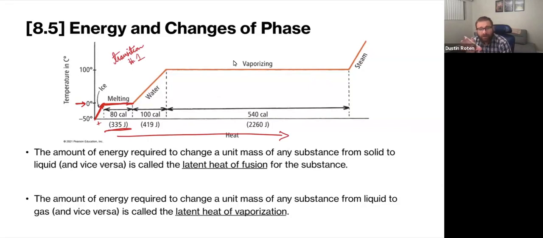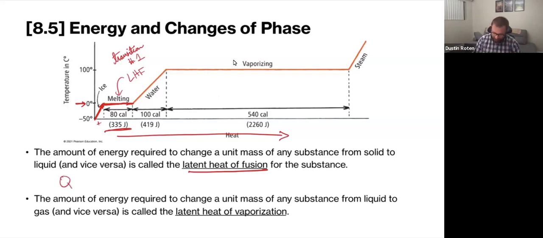The amount of energy required to change this right here, because I have to put in some amount of energy, is the latent heat of fusion. Essentially what that means is I put in energy, Q, okay?